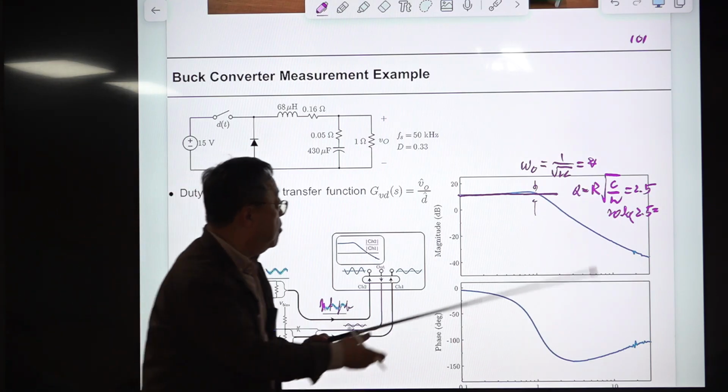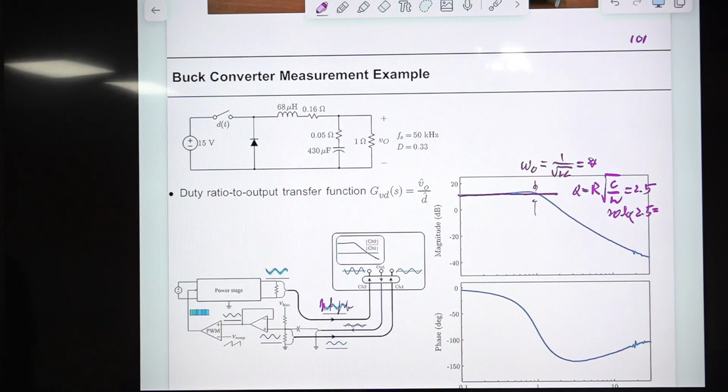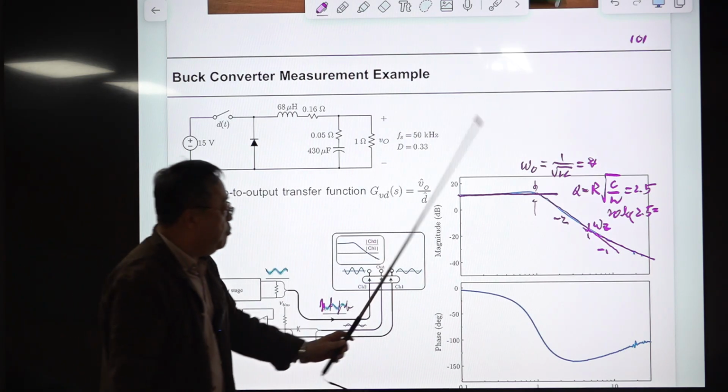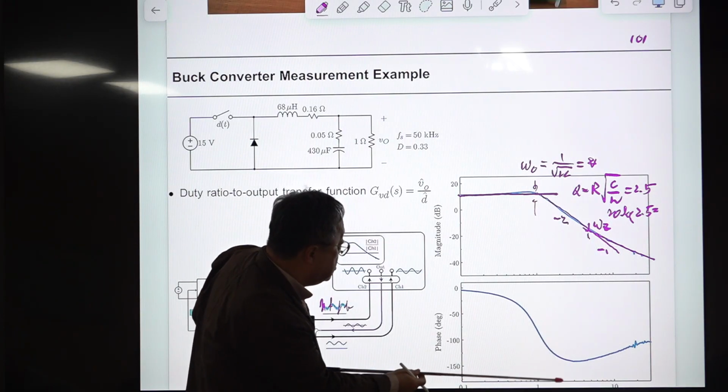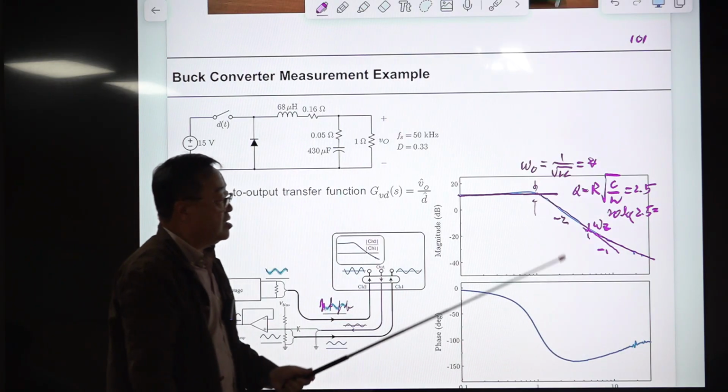And if you calculate this slope, this is a -2 slope somewhere here, and the -2 slope changes to a -1 slope somewhere here. So -2 slope, -1 slope, that means there is what? There is a zero, omega z, here. So phase starts from 0, and with this double pole, it goes down, and the final phase is minus 90 degrees. It will go to minus 90 degrees, something like this, okay?